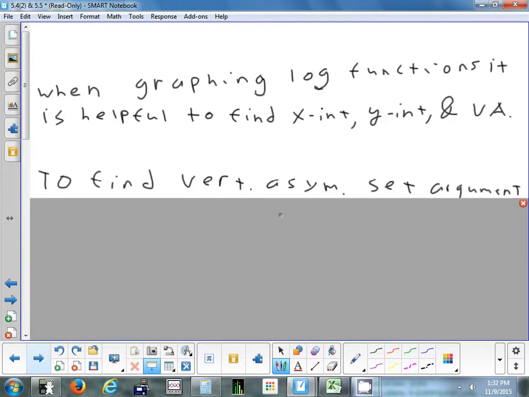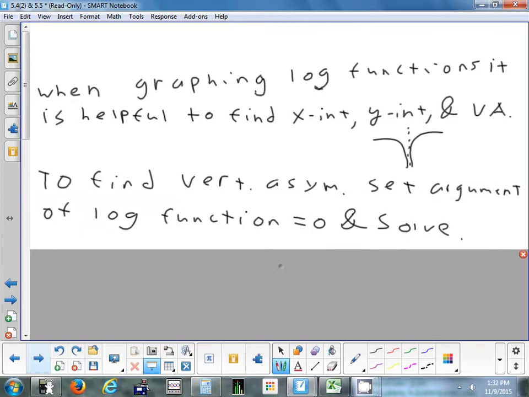And our vertical asymptote can move, so it's helpful to find that as well. Because if you can get that vertical asymptote, basically your log function either looks like that or like that. I'm not going to grade you on how sharp you draw the curve or anything like that. We'll just plot a few points and sketch.